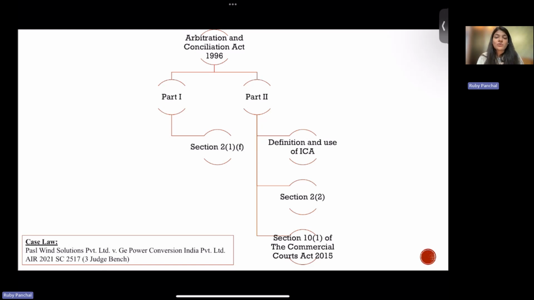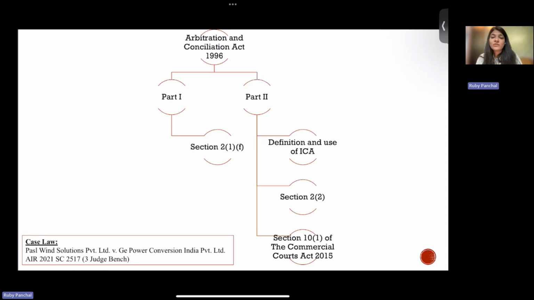One of the parties to the arbitration should have international or foreign character. When we are in Part 2, which is where our arbitration is seated outside India, then we must note that Section 2(1)(f) would not be of resort to us. The ICA phrase is essentially not used in Part 2 anywhere.